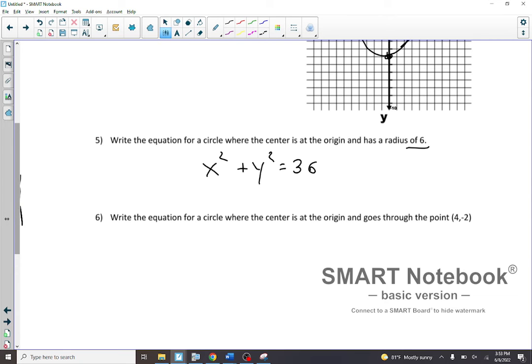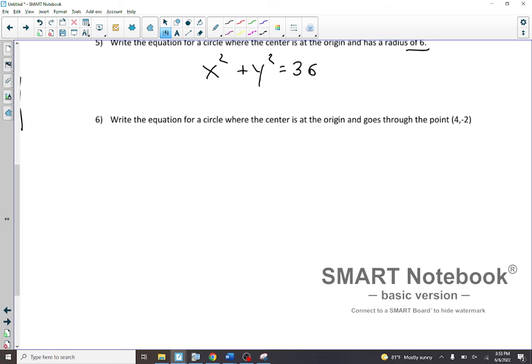Write an equation for a circle where the center is the origin and it goes through the point 4, negative 2. So I need to find r squared, but I have an equation where I have x and y. So I'm going to do 4 squared plus negative 2 squared equals r squared.